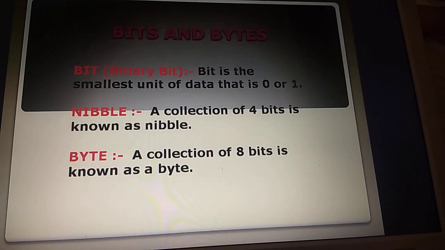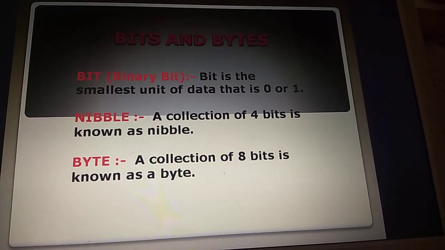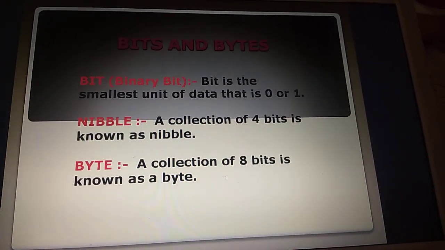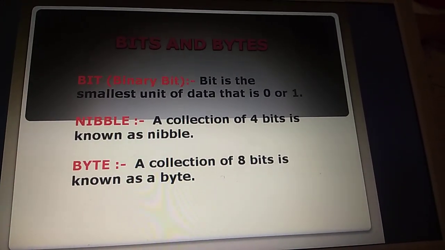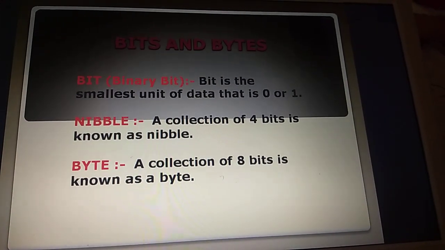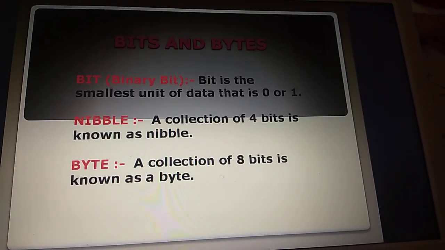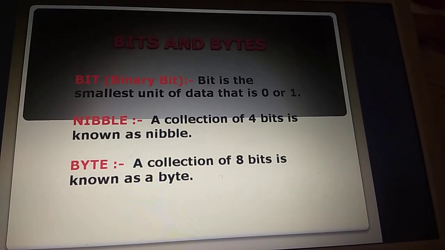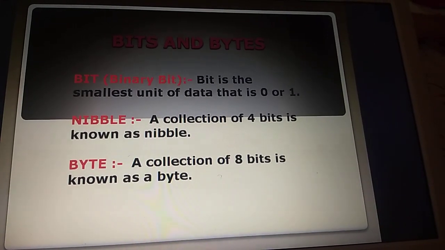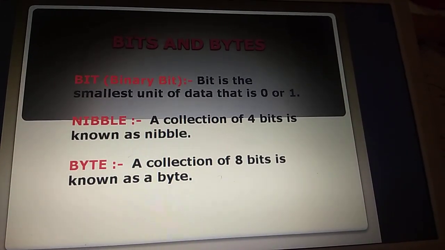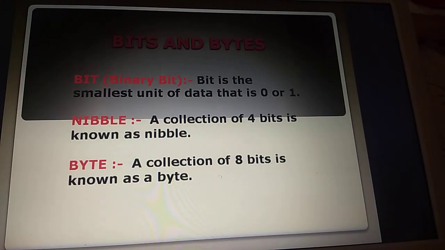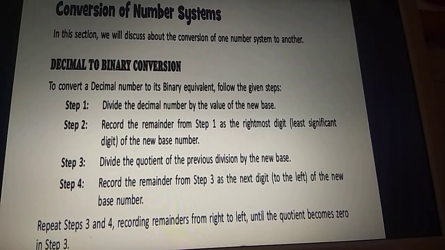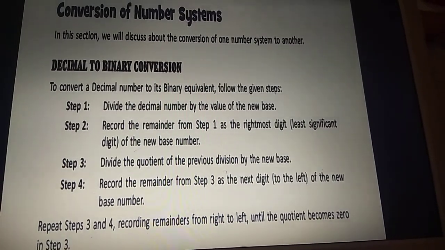Whatever data you store in your computer, it takes some place in the computer's memory, and that place is measured by either bit, byte, kilobyte, megabyte, gigabyte, terabyte, etc. It also represents the capacity of the storage device. After this, we are now going to convert the number systems from one to another.